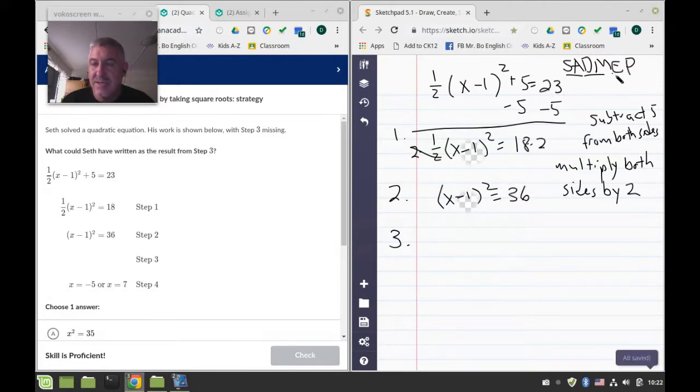Our third step, we're going to end up with the exponent here, so I'm going to take the square root of both sides, and I want to remember to do positive and negative.